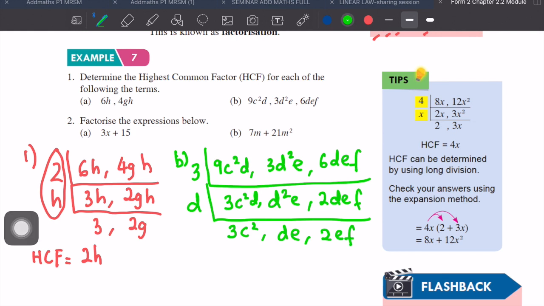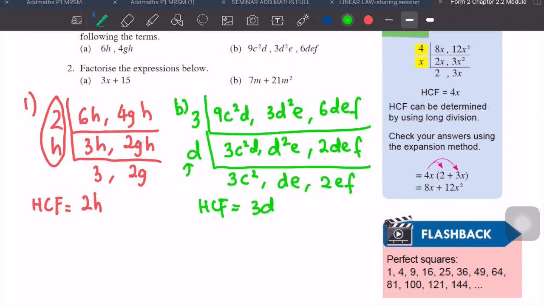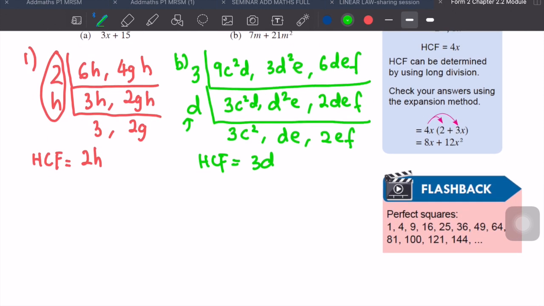Okay. So yang last ni ada tak yang sama? Tak ada kan? Okay, so kalau tak ada, we know that our HCF adalah, okay, ambil yang di luar ni. Okay, so 3 times D is 3D.